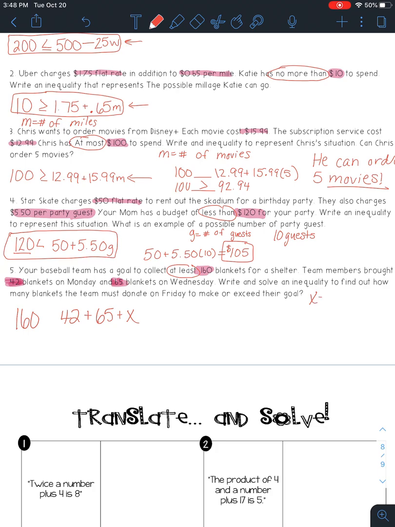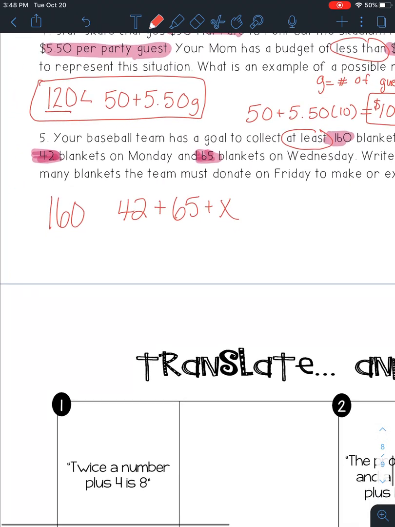Again, I've made a variable, so I have to write x is equal to the number of blankets that we're going to bring. All right, so we have to think, does this number, which is how many we've collected, should that be bigger or smaller than our 160? That number should be bigger, and that is just to meet our goal. So just to meet our goal, we need it to be equal to that.